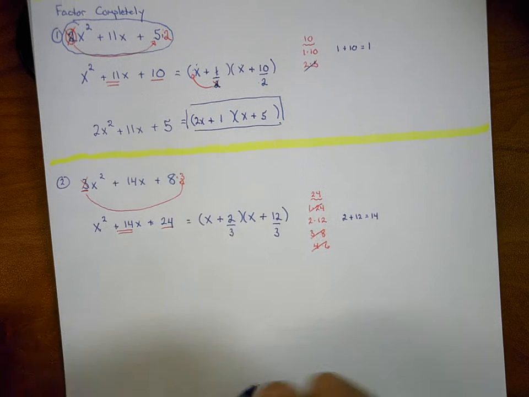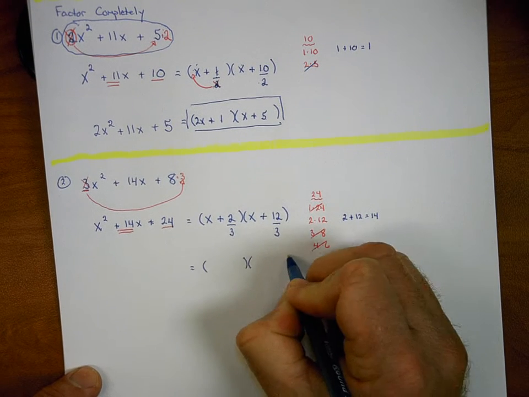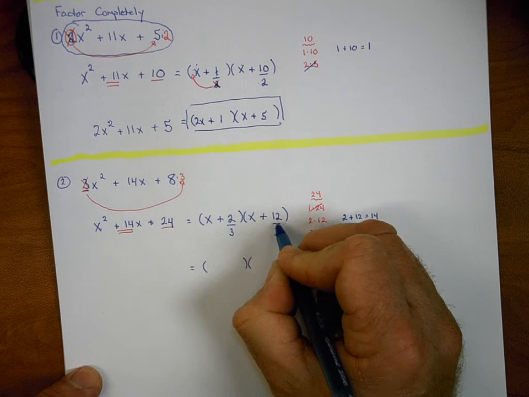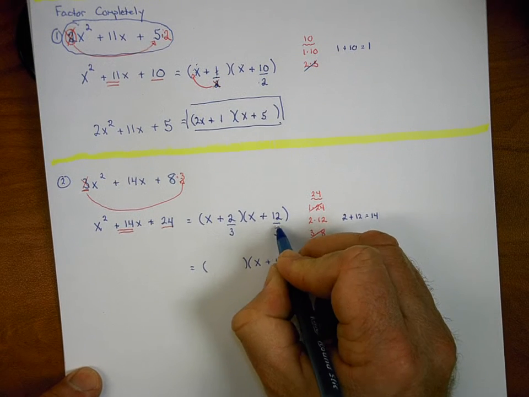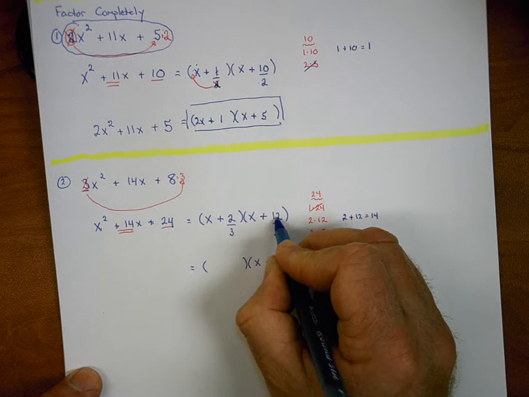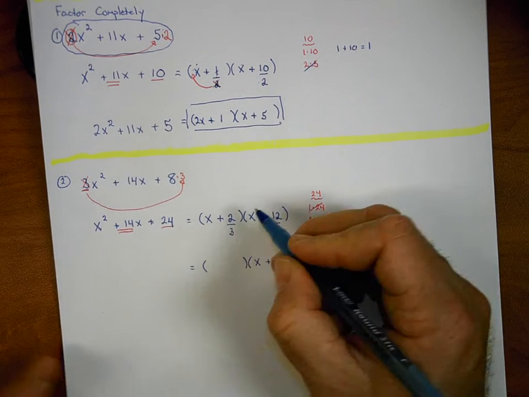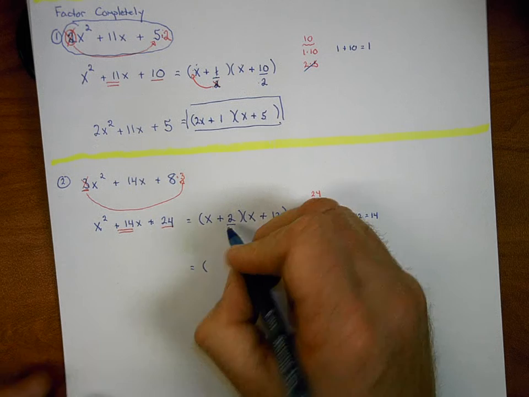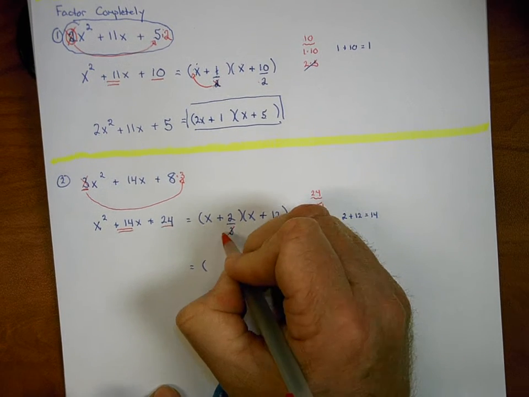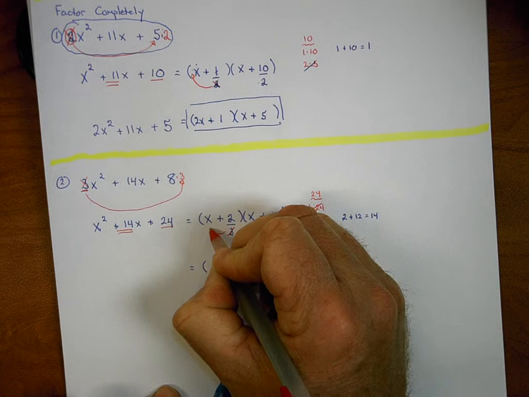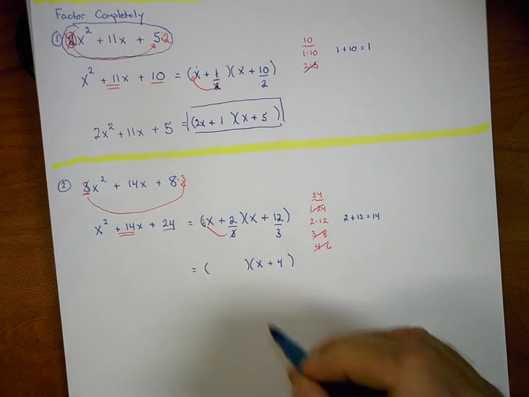Okay, so what's the rule when I'm dividing? If it divides, divide it out. So the second parentheses becomes x plus 4. Why? Because the 3 divides into 12 to make 4. Now this first parentheses here, does 3 divide into 2? The answer is no. So if it doesn't divide, you cross it out from the denominator and you move it up here so it becomes a leading coefficient for the x.